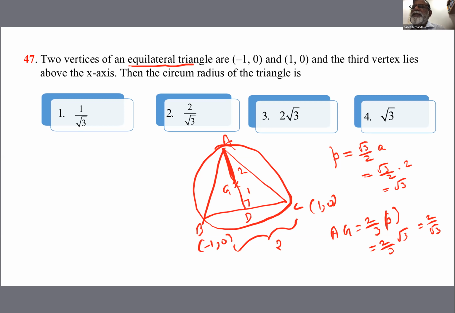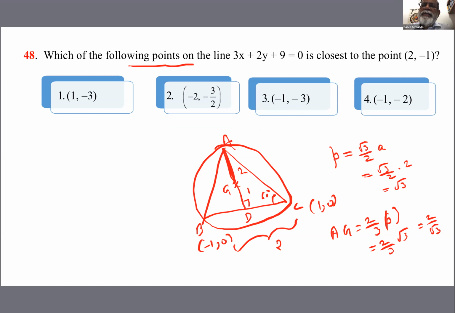We know the relation between the altitude and the side of an equilateral triangle. Even otherwise, this angle is 60 degrees. If you find sine 60 degrees, P by A, then also you'll get that relation. It is not a big relation. So that way you are able to manage this problem.